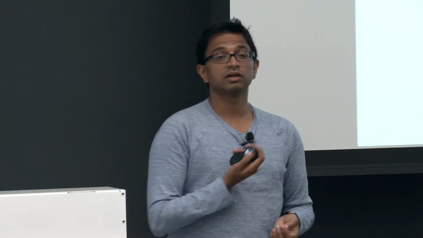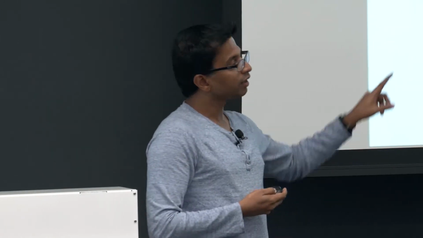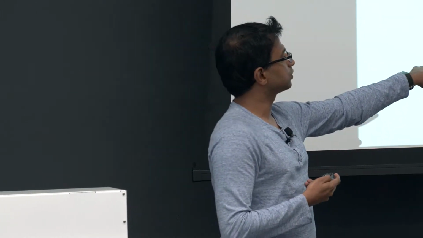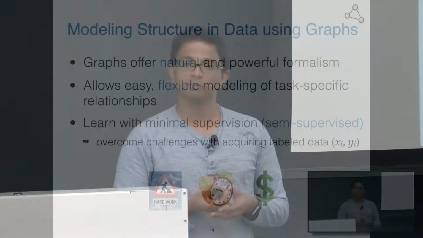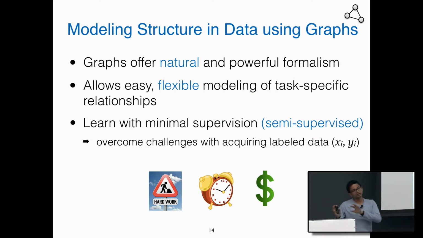Then the graph representation gives you a great and powerful mechanism to exploit that. It gets away from all the challenges I mentioned, like the hard work of annotating new data, because under the hood it captures the structure you're providing in a very seamless fashion, and then uses that for the machine learning downstream.